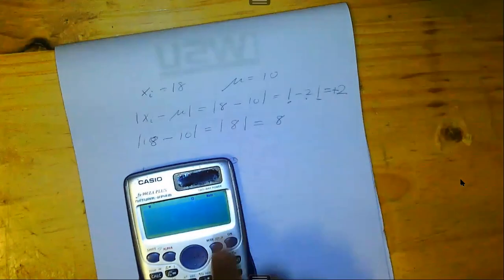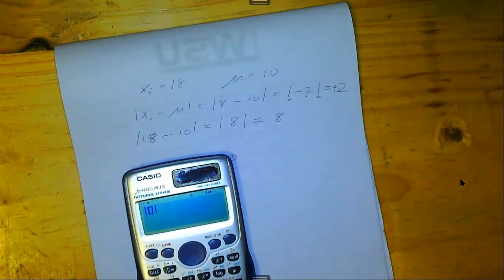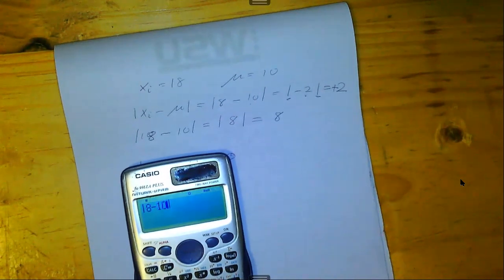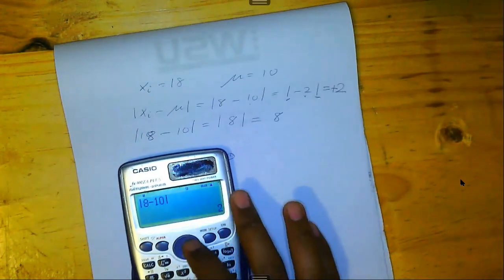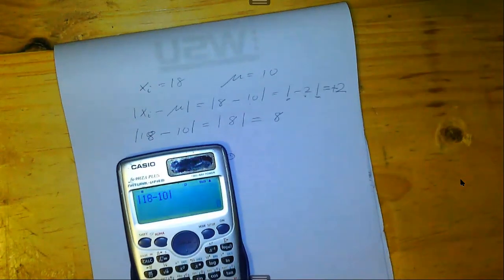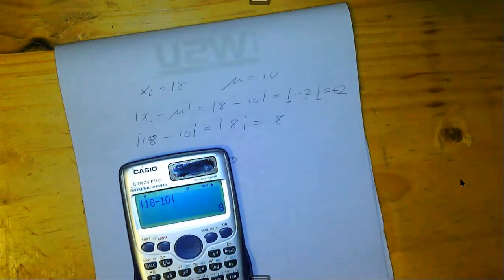Now we press shift, absolute. Here 8 minus 10. We know 8 minus 10 to be negative 2, but once we put the absolute value sign there, it becomes positive 2. Again, if we have 18, once we put the absolute value, it remains positive.